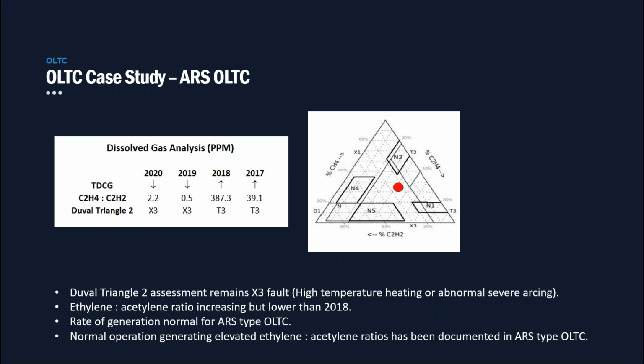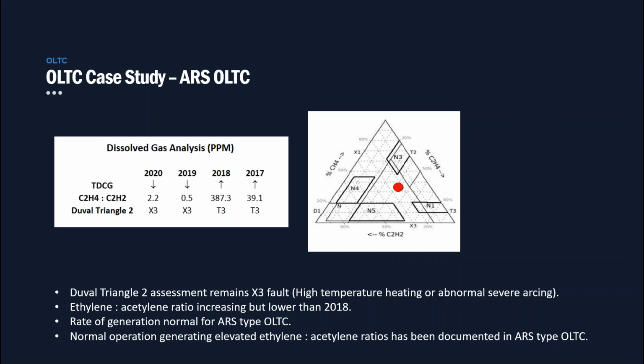However, overall, the total dissolved combustible gases, so this is the sum of the concentrations of hydrogen, methane, ethane, ethylene, acetylene, and carbon monoxide, have reduced in 2019 and again in 2020. So in terms of a fault, this is very positive.